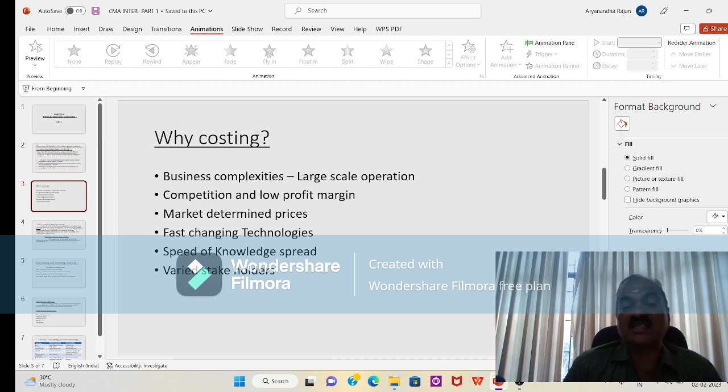Large scale operation is the order of the day. No firm can operate with a minimum scale or low scale. As you are aware, in your locality itself, small firms have lost their existence. Only big firms can survive because even in small cities, these supermarkets are available, so small firms cannot operate.